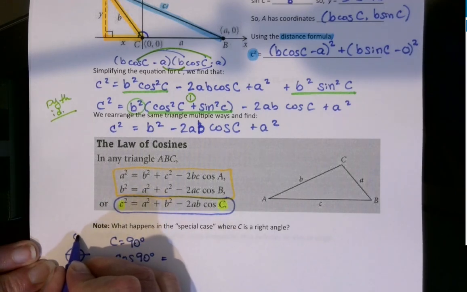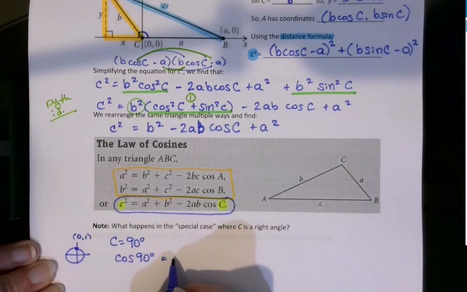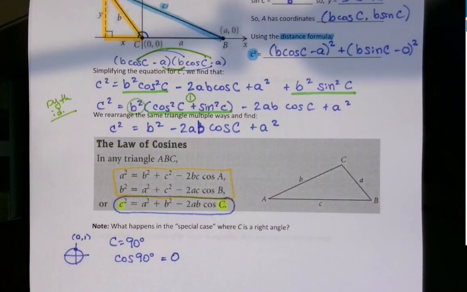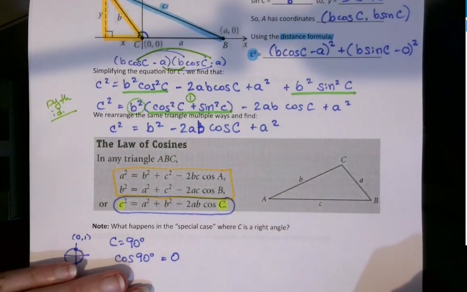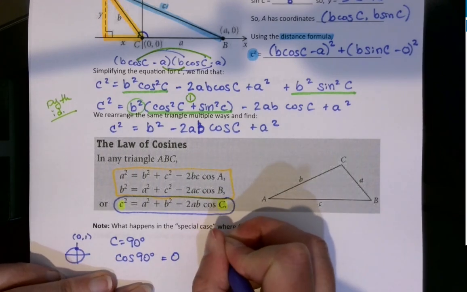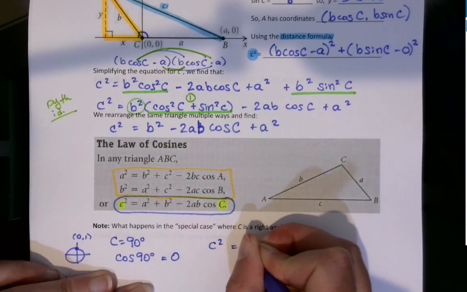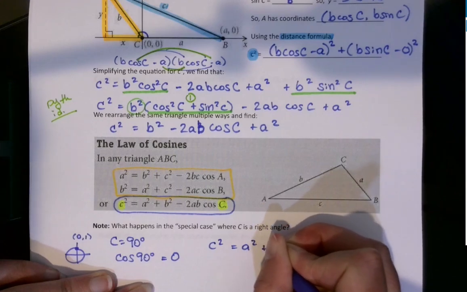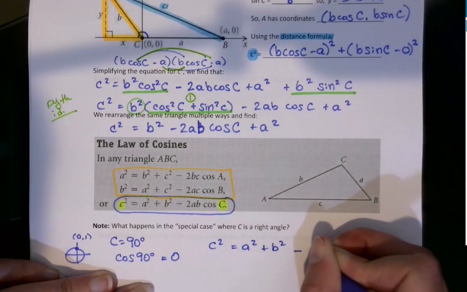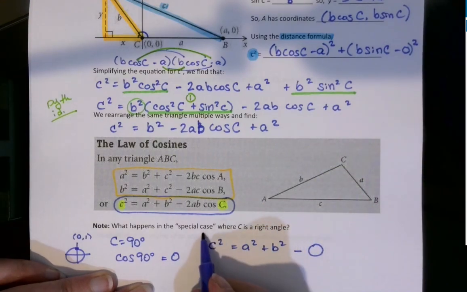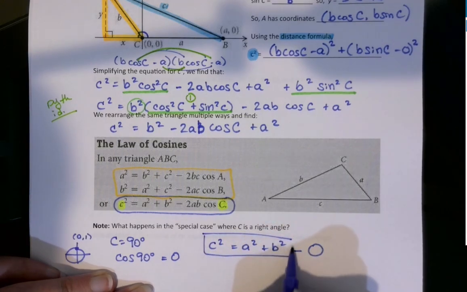The ordered pair for that is 0, 1. So the cosine of 90 degrees is 0, the x-coordinate. So if you have a right triangle at angle C, that would give c squared equals a squared plus b squared minus 0. And so that's the regular Pythagorean theorem.